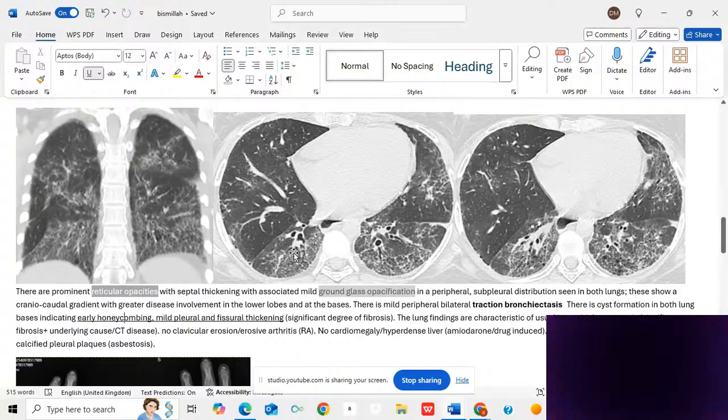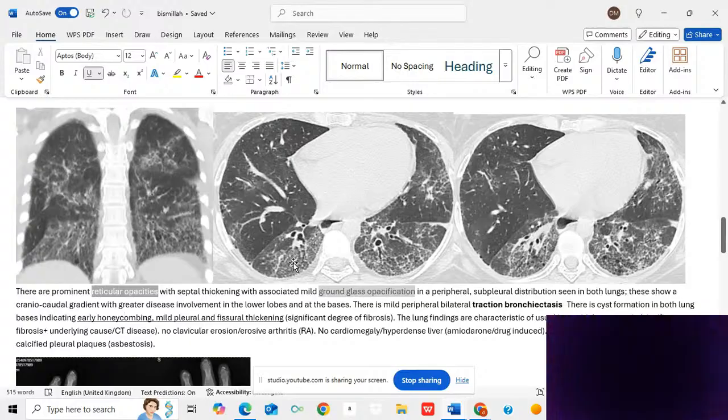This one is dark gray, this one is brighter than the normally seen lung. So yes, there's evidence of ground glass opacification.